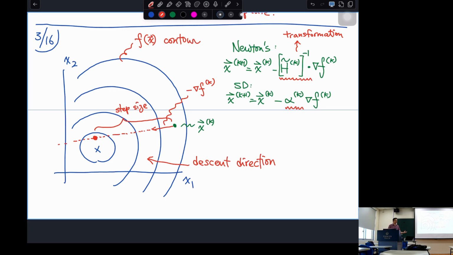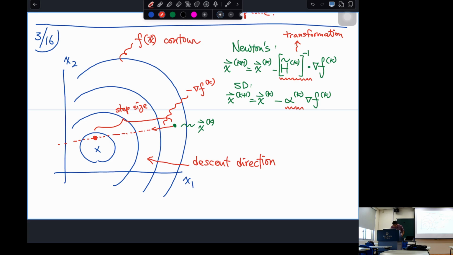That's what a transformation matrix does. It transforms the direction and the length of a vector if you pre-multiply a vector, right?